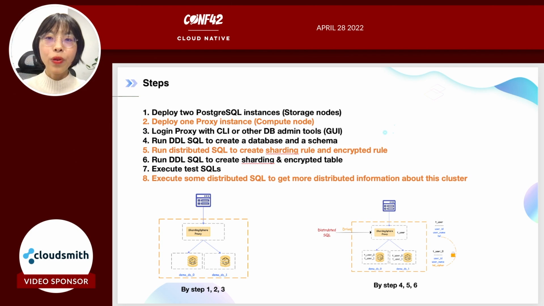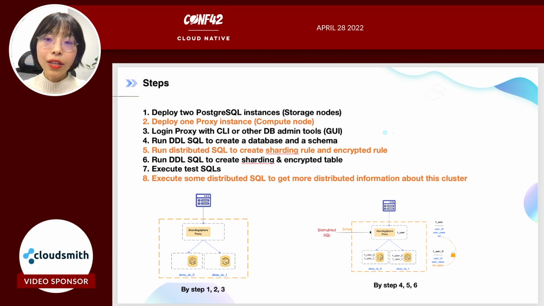You can group proxies like a cluster. And maybe your case needs more computing power. Then you can deploy more than one proxy instance to help you balance all of the traffic from your application or web pages. Yeah. So here in this case, we just deploy one.